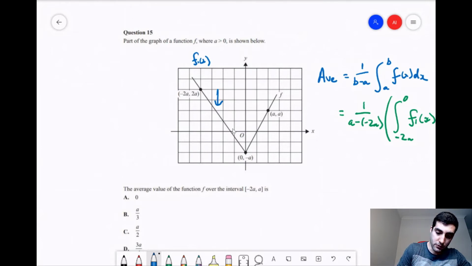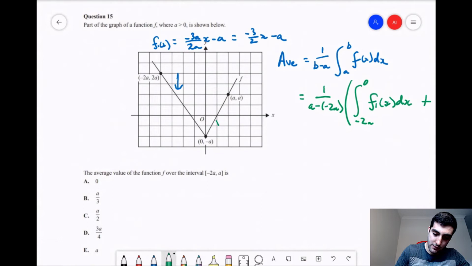So therefore the gradient would be minus 3a on 2a, and the y-intercept value is minus a. So therefore this function is actually minus 3 on 2 x minus a.